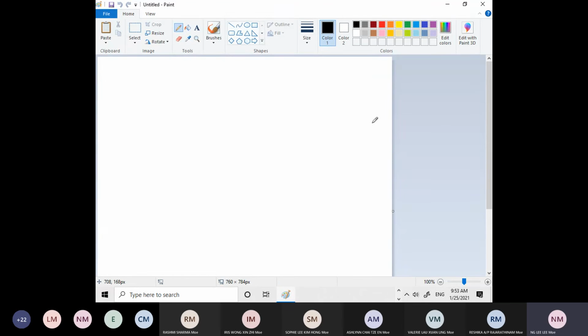Another method, how to sketch this. 2x minus 1. So you just at first sketch 2x minus 1, the one without the modulus first. The same domain, -1 to 2.